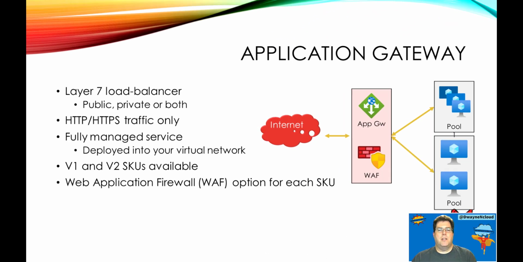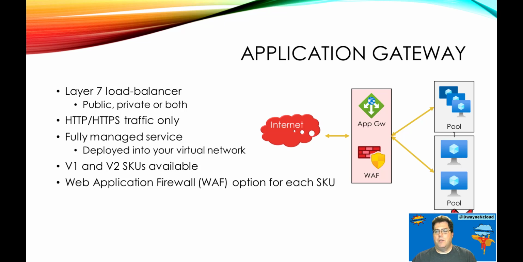So what does the application gateway do? The application gateway is an Azure managed service for providing layer 7 load balancing, as well as HTTPS traffic balancing. It works only at the HTTPS layer, and it has the option for a web application firewall with both of the SKUs that are available.